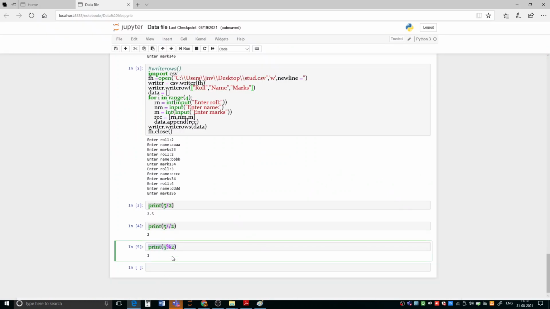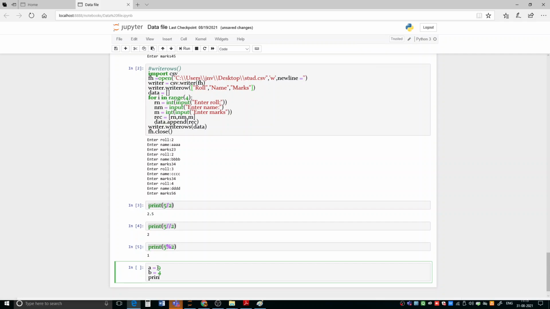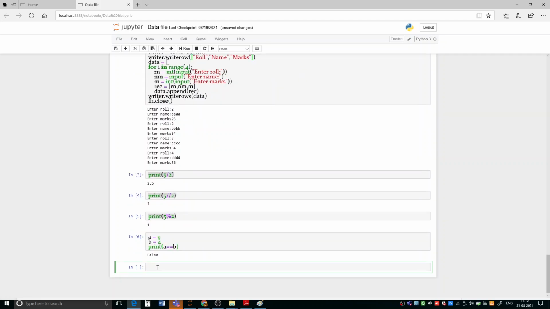So see here, let us check that one. Suppose we have a equal to 9 and b equal to 4, and now I am writing print a double equal to b. What are we getting here? False.